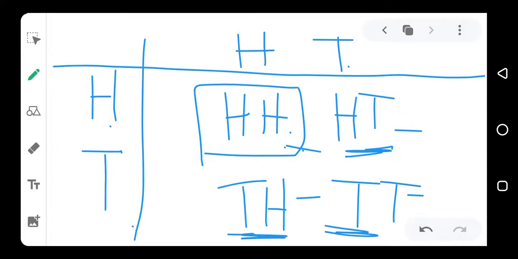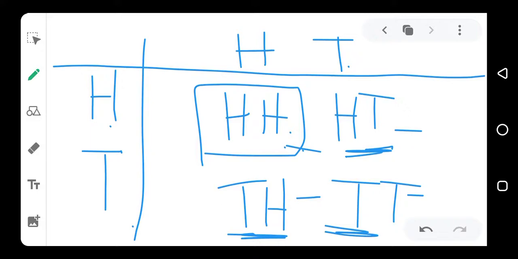So the probability of getting two heads, that is HH, is 1/4. That is 1 out of the sample space. There is only one HH, and the total sample space is 4.